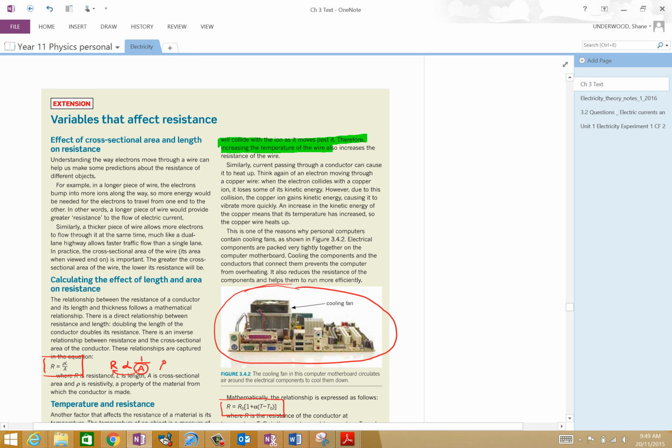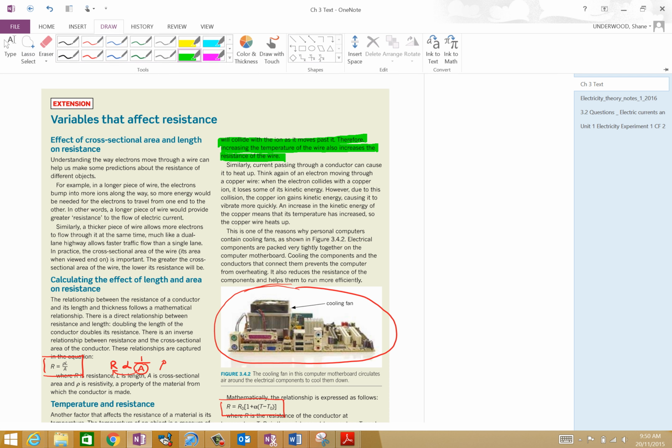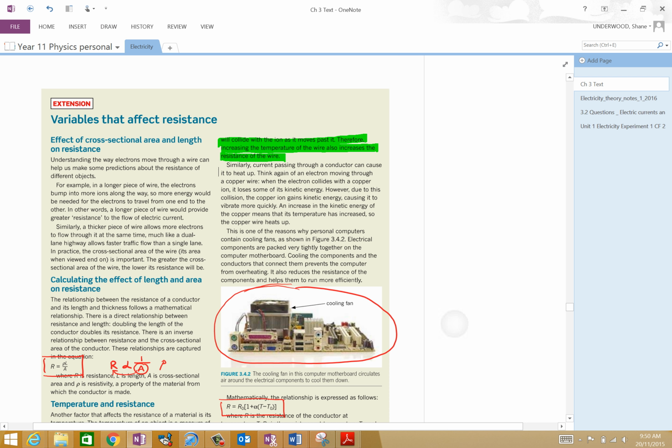Therefore, increasing the temperature of the wire also increases the resistance of the wire. So we could say that the resistance, more or less, without having to memorise some formula which we don't need to know, is proportional to the temperature of the wire as well. So there's going to be that effect.